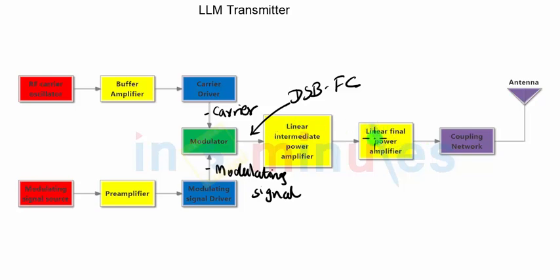When I say linear power amplifier, it is a power amplifier which does not introduce a high amount of harmonic distortion in the signal. For example, the class B push-pull power amplifier is the amplifier which helps us in avoiding the harmonic distortion by cancelling out all the even harmonics.